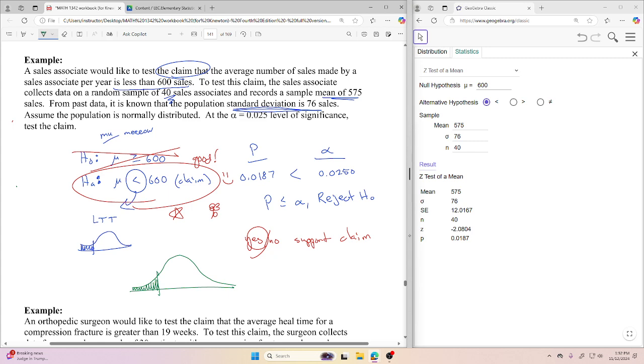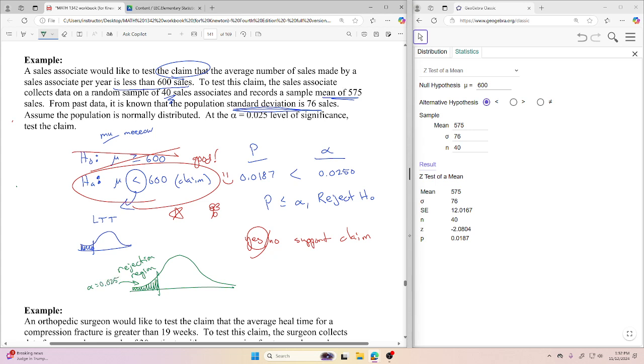Kind of switch gears with me for just a minute. We do not need to do this every time, but I do want to show you. This zone is called the rejection region, and this zone is my alpha equals 0.025.